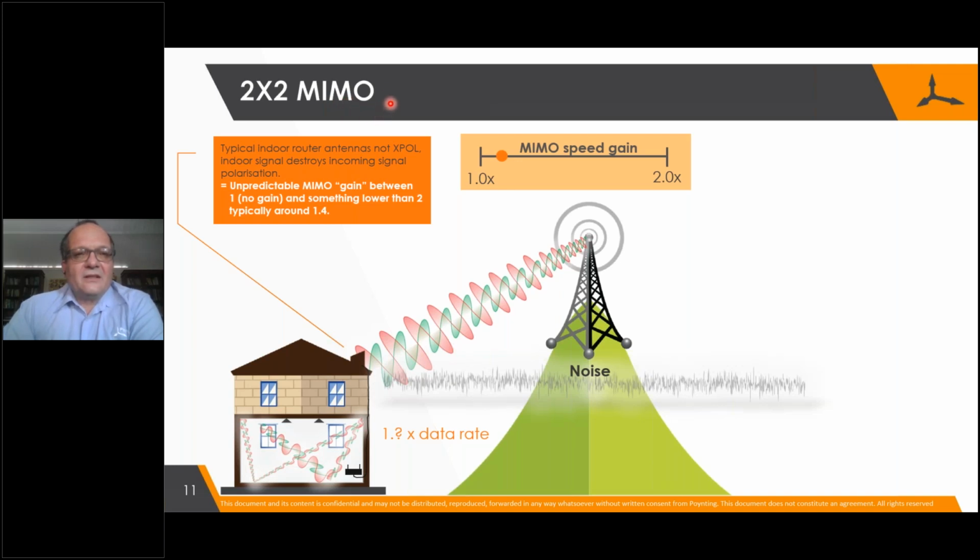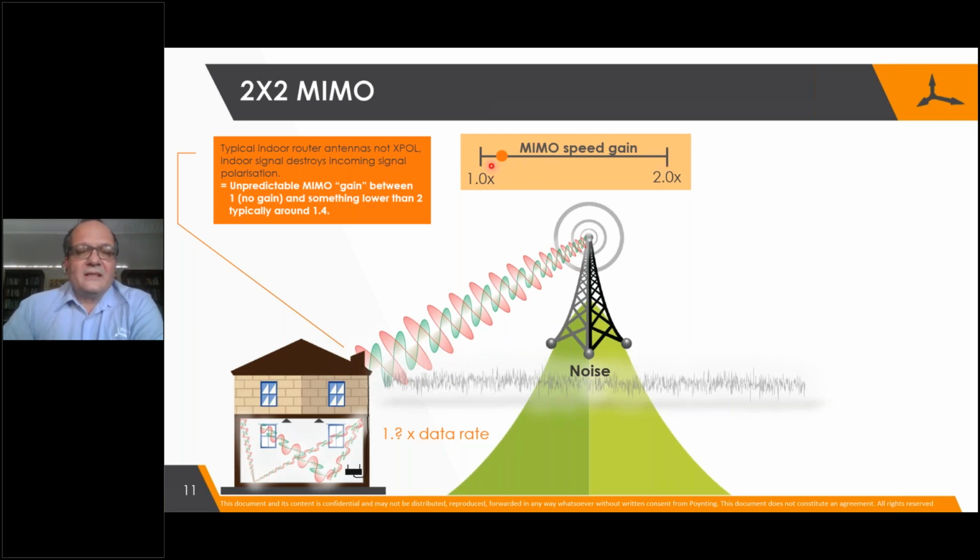In other words, it is not linked to the signal strength. This is linked to how well you can separate the 2 signals that get transmitted from each other. So even if you've got a weak signal and you can separate it, you can get an increase with 2x2 MIMO. If you can separate them fully, you can get a doubling of the rate. If it was 4x4 MIMO, you can go up to 4 times.